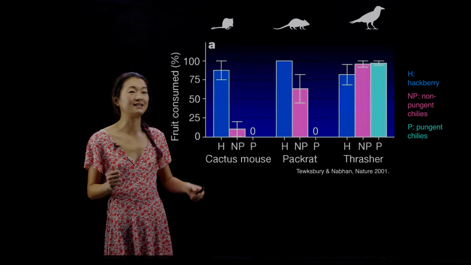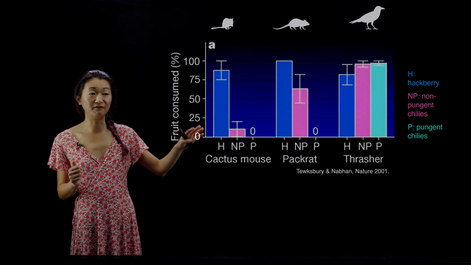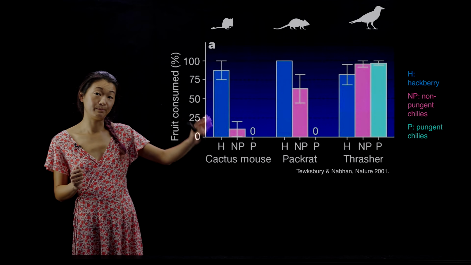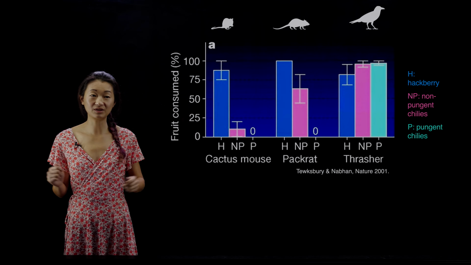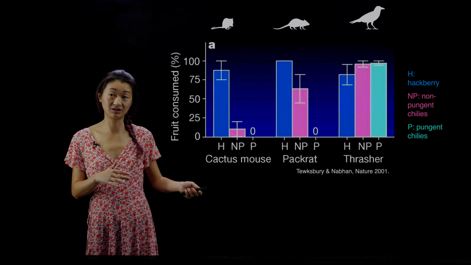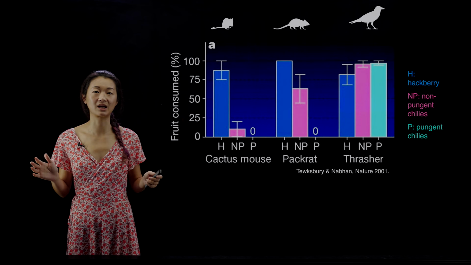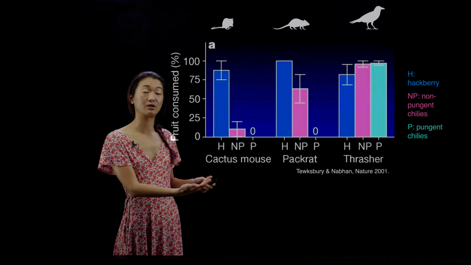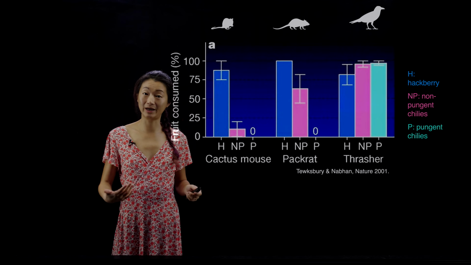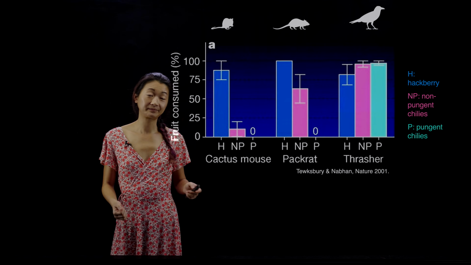And what they found is that the small mammals avoided the pungent chilies, but the birds ate all 3 in equal concentrations. So birds will eat a spicy chili just as much as they would eat a blueberry. They really don't care, they like them all. Whereas small mammals, like a cactus mouse or a pack rat, are actively avoiding the really spicy chilies.